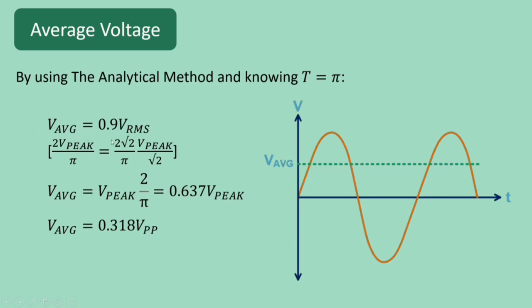That means 0.9 times RMS voltage is equal to average voltage. We also said in the previous slide that peak voltage times 2 divided by pi is equal to average voltage, and as peak-to-peak voltage is twice as big as peak voltage, so peak-to-peak voltage divided by pi is equal to average voltage.